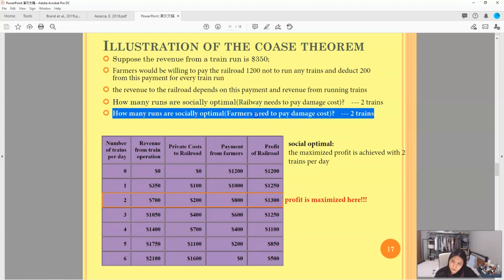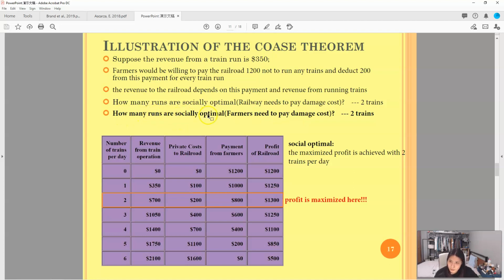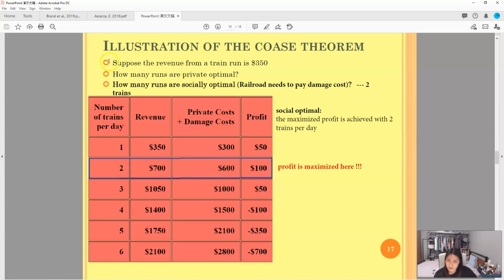So I have a third question. How many runs are socially optimal when farmers need to pay the damage costs? This question implies that the railway company has the right of those lands. So farmers need to pay the damage cost. Suppose the revenue from a train run is $350, which is exactly the same as the last page.